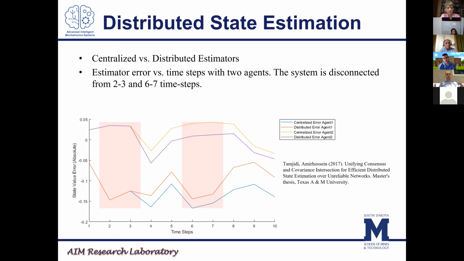But then on time step 4, when they reconnect again, the distributed estimator talks between the agents and tries to remove some of that measurement error, and it can produce a better estimate with a lower absolute error in meters for the whole system. And then that continues throughout the rest of the test as well.